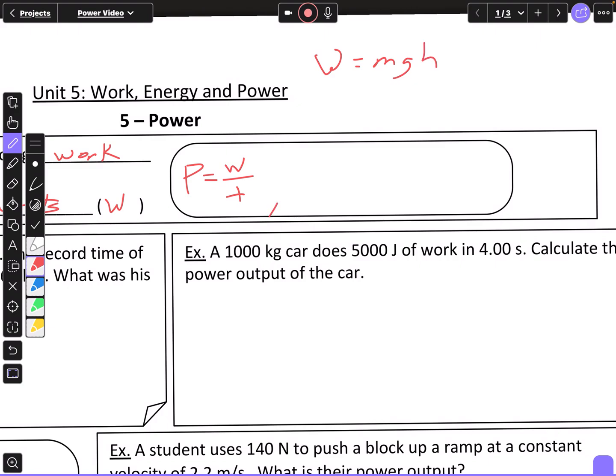So power could be equal to mgh divided by t. And also, work is equal to force times distance. So another form of that equation you could use is power is equal to force times distance divided by time. So you'll need all three of those equations right there to work these problems.